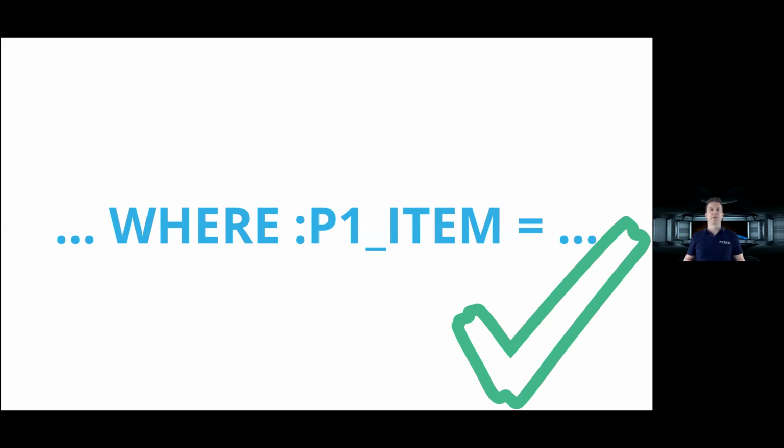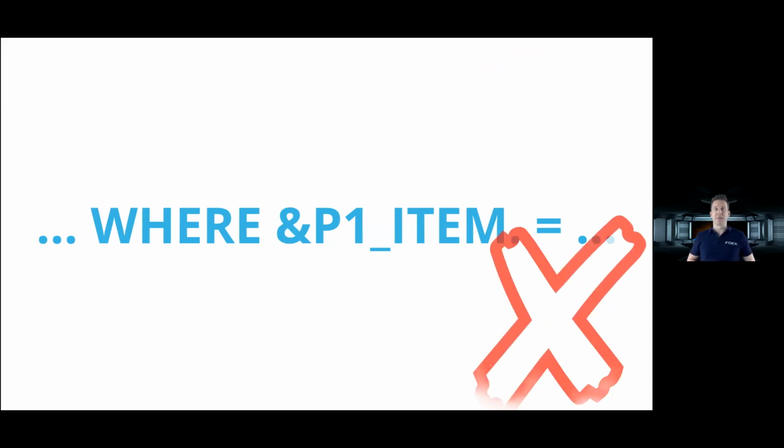There you're safe. Apex will treat it as real bind variables, so that's good. Everyone loves it. You could also do something like that, the ampersand dot notation. This is not good. It will work, but it will open the door for SQL injection. We don't want to do that.